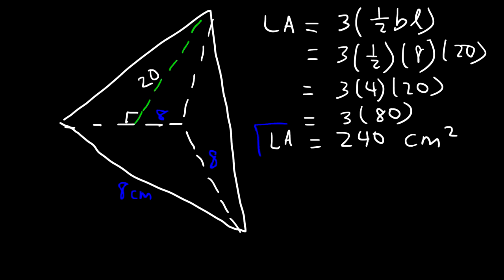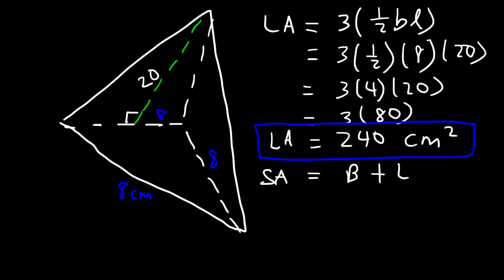Now let's find the surface area. The surface area is going to be the area of the base plus the lateral area, which we already have. Now this time, we don't have the height of the triangle or the triangular base. So in order to find the area of this equilateral triangle, we need to use this formula.